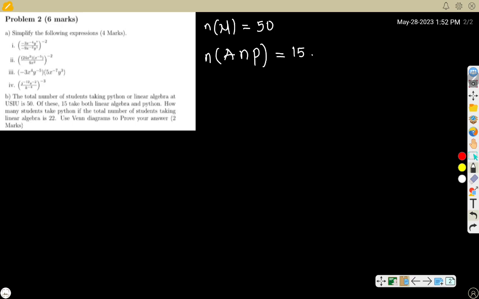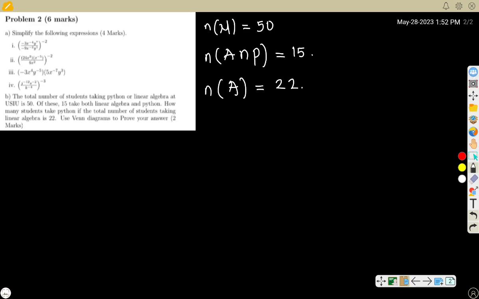How many students take Python, if the total number of students taking linear algebra is 22? So use a Venn diagram to prove your answer.